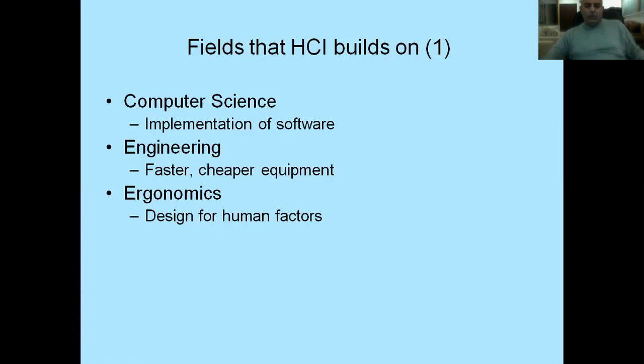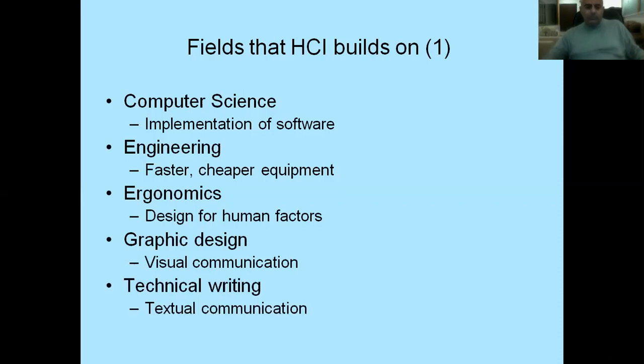Ergonomics, or environment: design for human factors, meaning physical things like the seat, the table, the air conditioner, which we take into account for HCI to be good. Also graphic design, visual communication, and technical writing, textual communication.